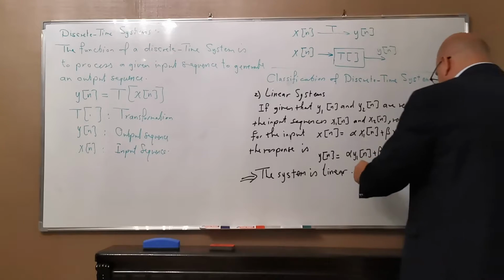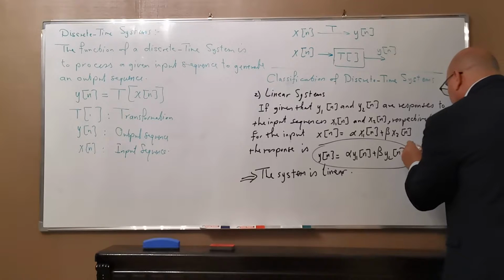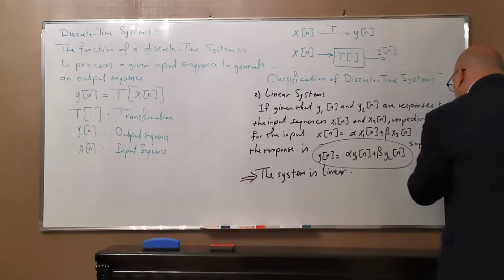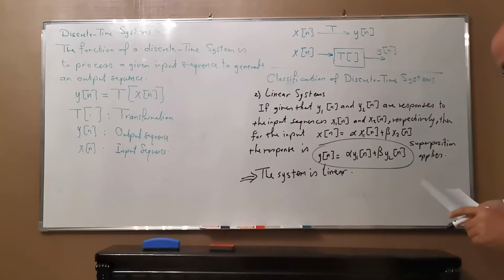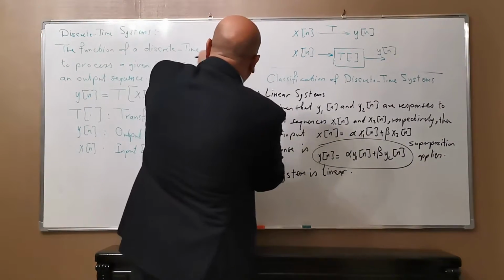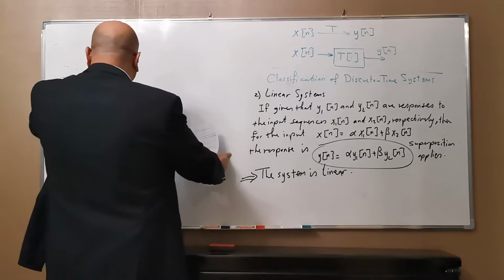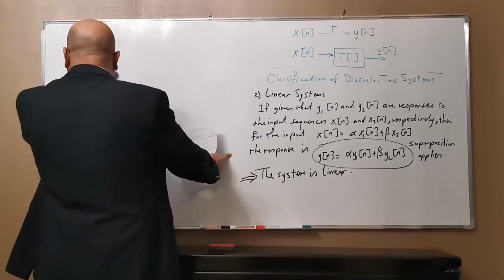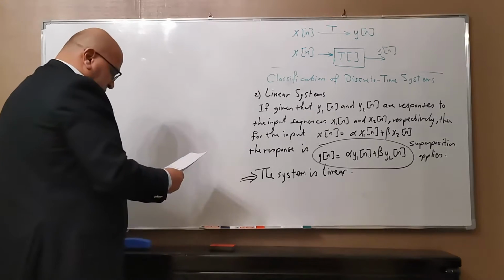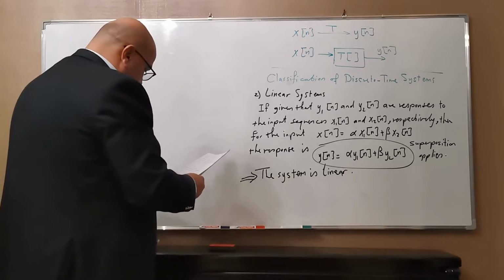And actually this here is the superposition. We call that the superposition applies here. So if this applies, we call the system linear. If it doesn't, then we call it a nonlinear system.